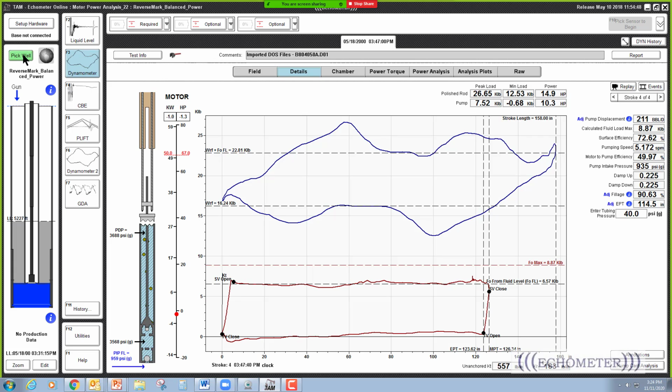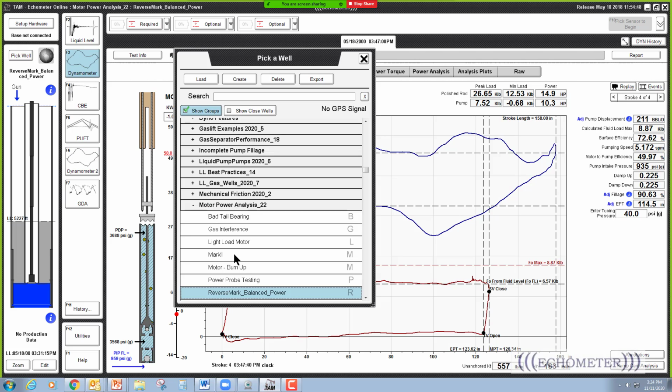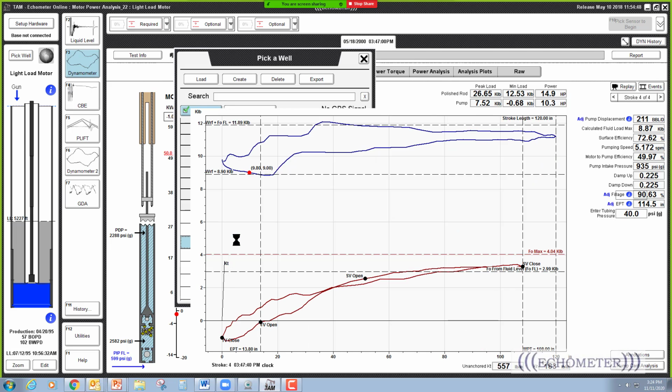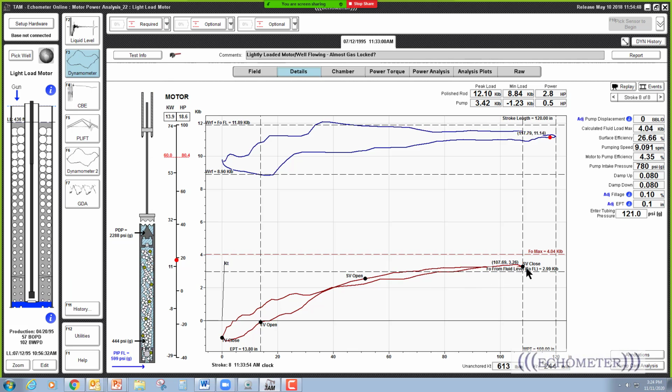That was the reverse mark. I want to show that one thing. Now, the lightly loaded motor is in a CO2 flood, and the pump card, it's just gas compression, so the pump's not very full.